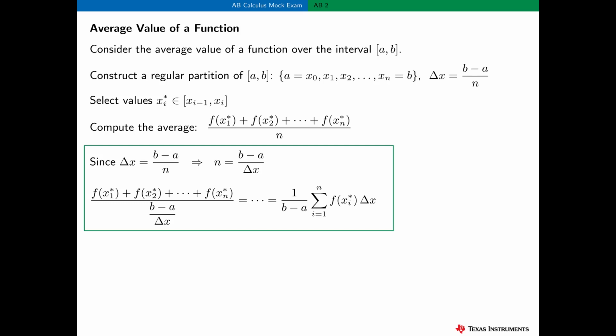Now, use this expression for n to rewrite the average value. A little simplification, and an approximation to the average value of the function, written using summation notation, is this expression: 1 over b minus a times the sum from i equal 1 to n of f of x sub i star times delta x.